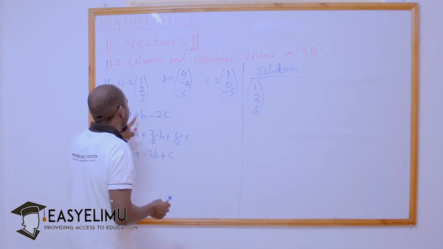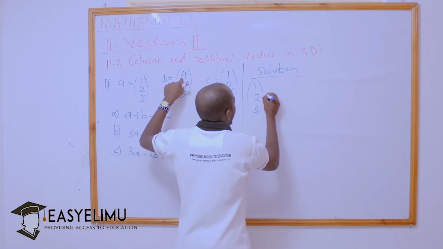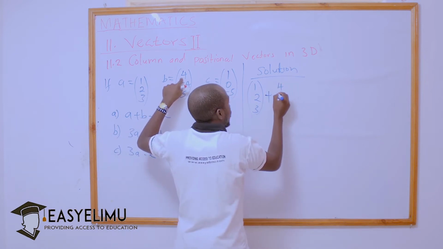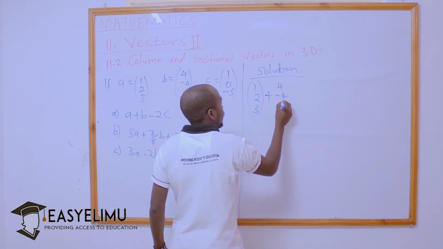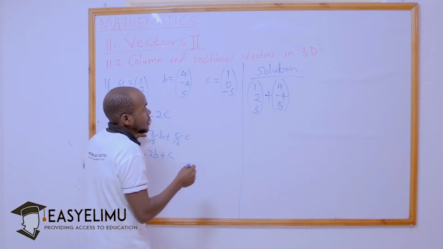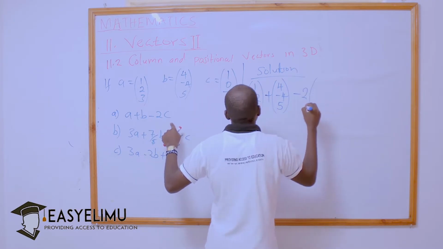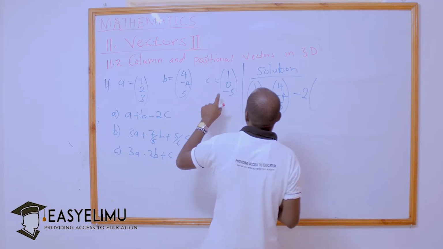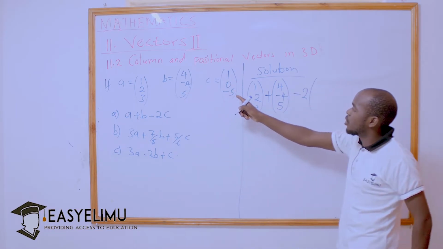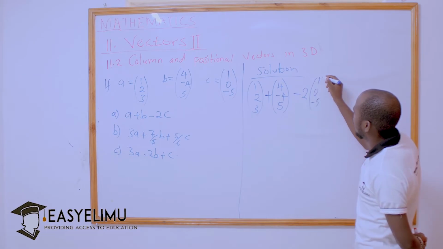We shall add B, which is 4, negative 4, 5. Then we shall subtract 2 multiplied by C, and C is 1, 0, negative 5.